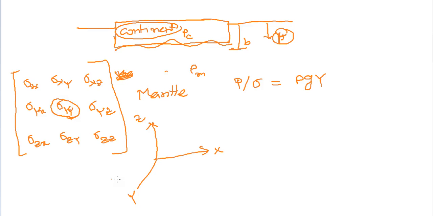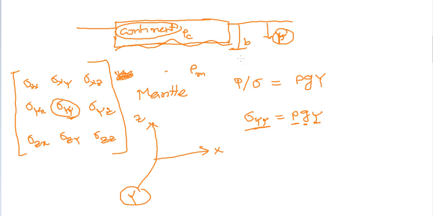If we say y is the vertical direction, then we can find the stress at a particular depth: sigma yy, the force per unit area, is equal to rho g y.